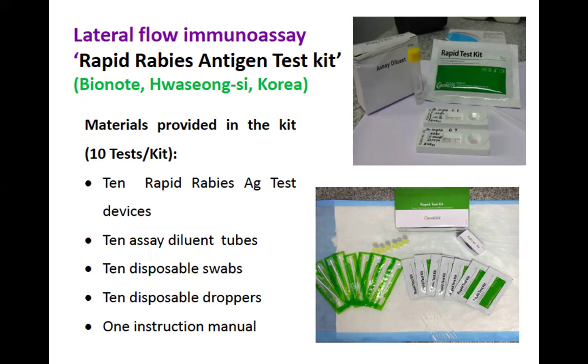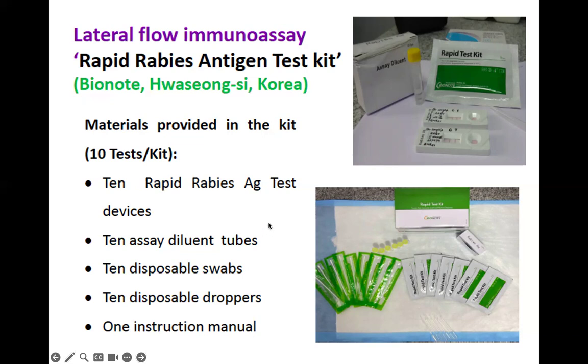So this is just an example of what is contained in the rapid test kit based on lateral flow. This one I share with you has been commercialized by this company. Okay.